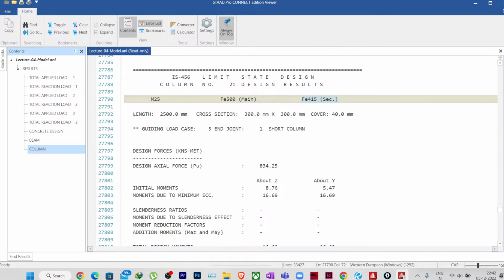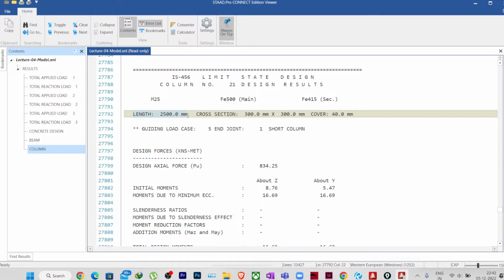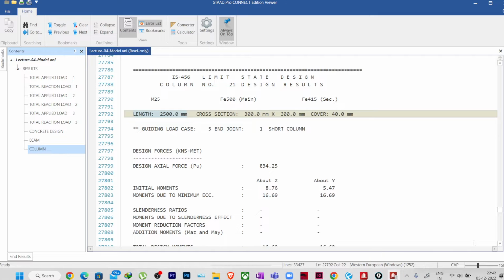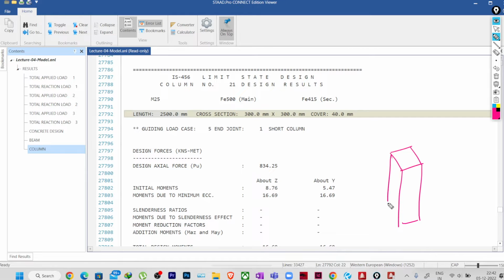So here you can see the length of the column. It is 2500. So here this length is nothing but the node to node distance. Let me draw it here actually. So suppose you have a column like this, and you have also beam here, right?